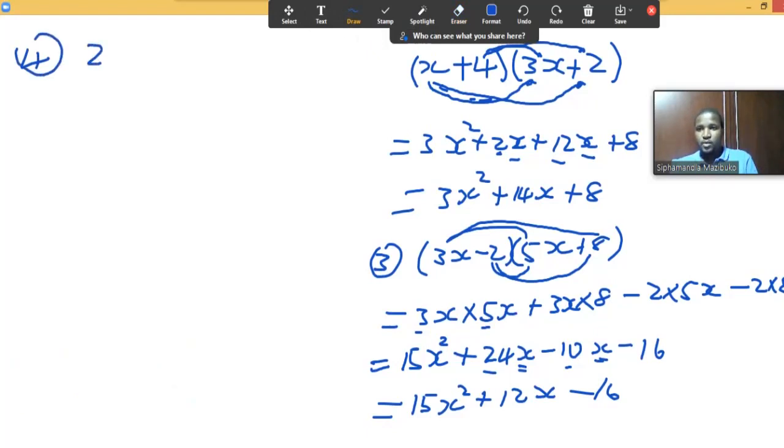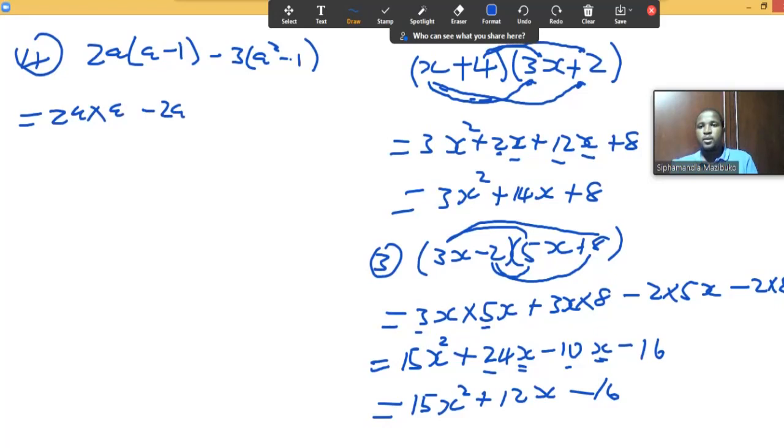So in this case we have 2a(a - 1) minus 3(a squared - 1). So we need to multiply this. This is the same as 2a times a minus 2a.